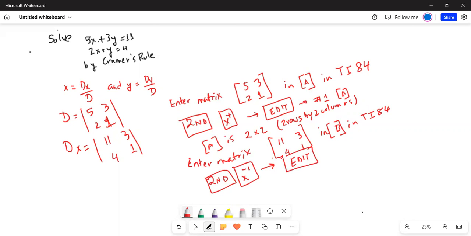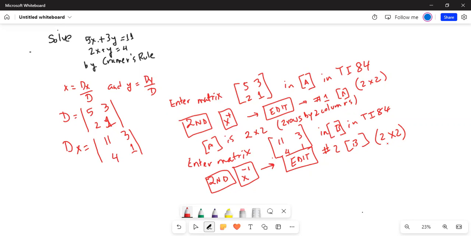Then we go to number 2, which is matrix B. This is also a 2 by 2 matrix, meaning 2 rows and 2 columns, so change the numbers in the top row to 2, then enter, then 2, and hit enter.